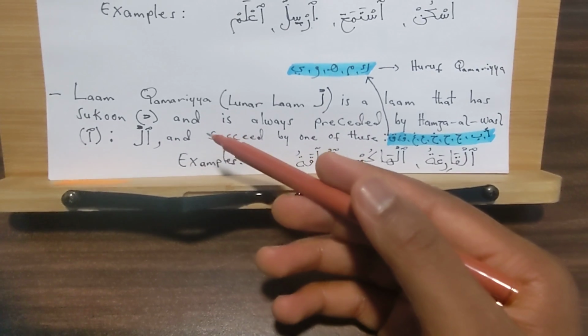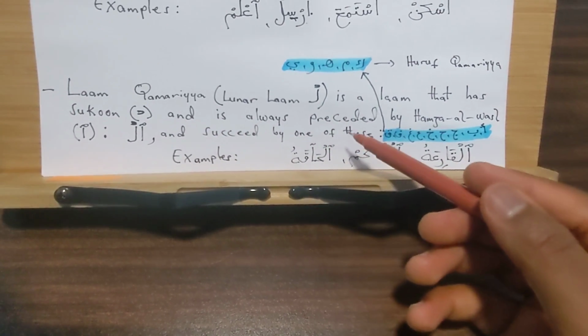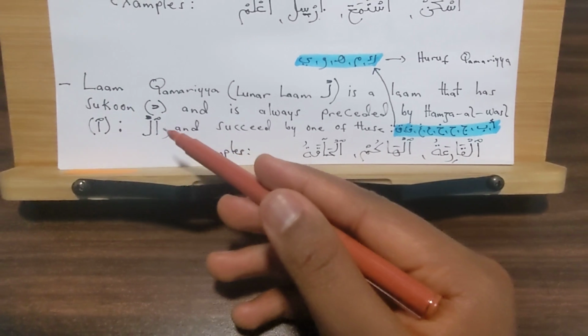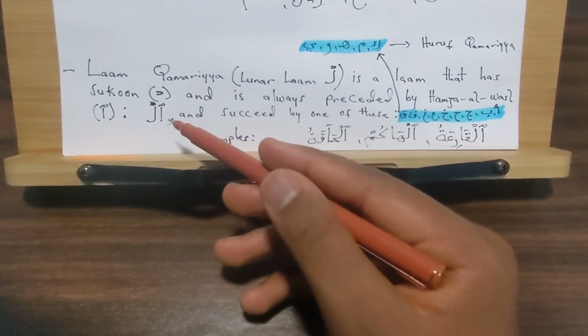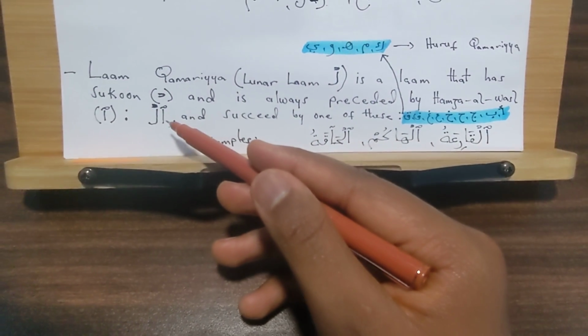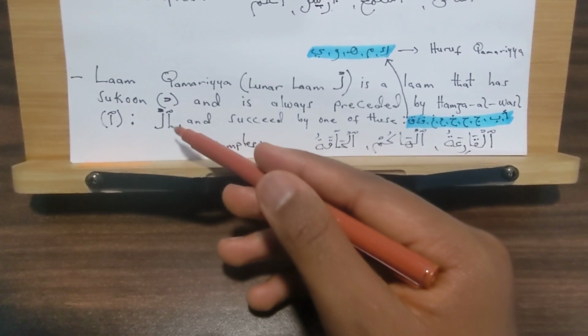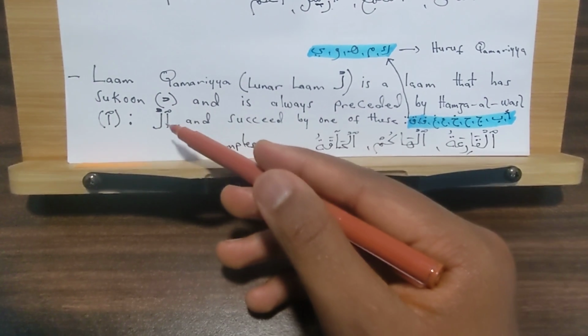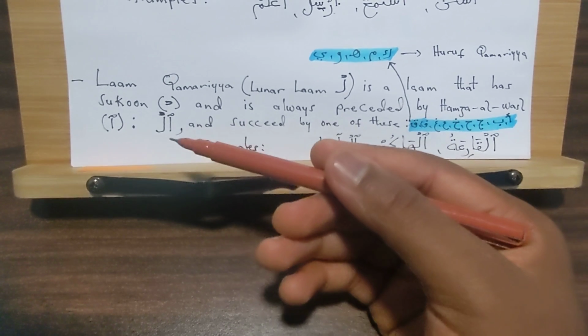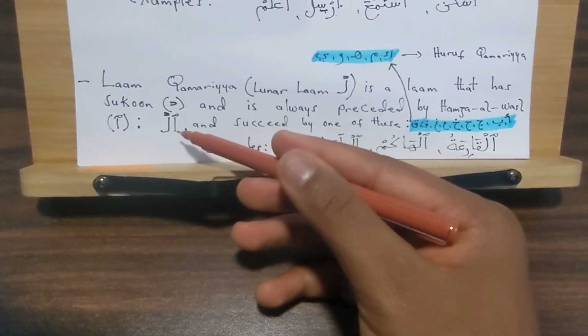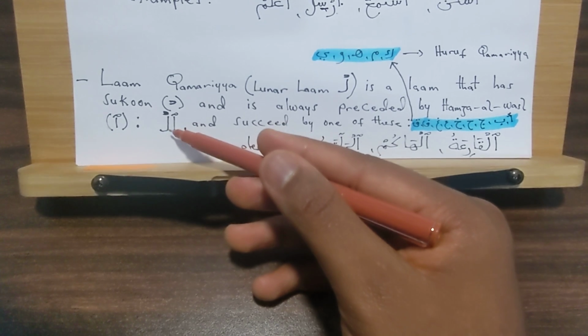The Laam al-Qamariyya is always preceded by a Hamzatul Wasl. You see, this is the Hamzatul Wasl and this is the Laam al-Qamariyya. Preceded means it comes before.